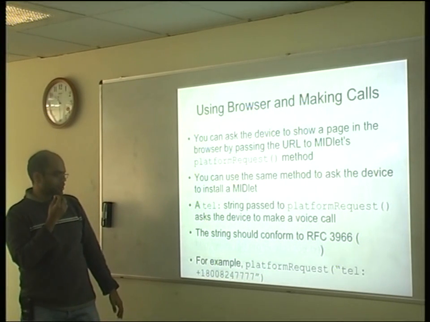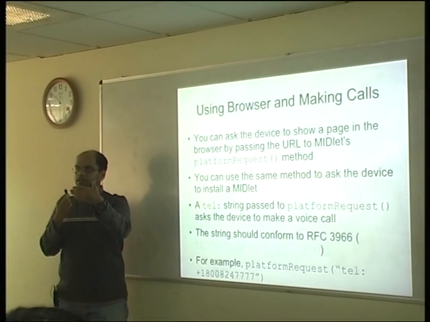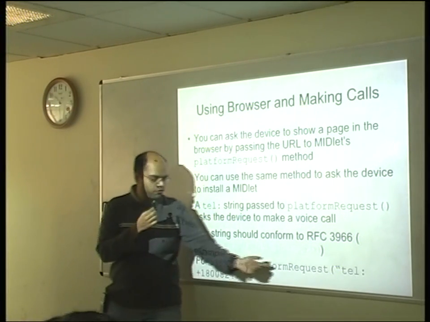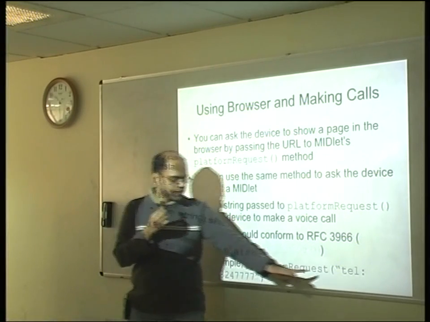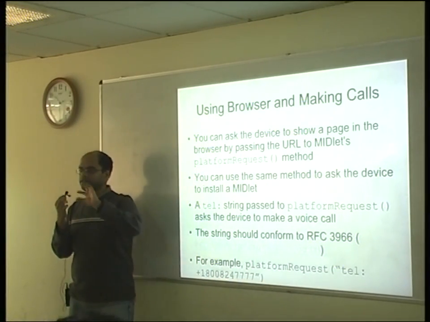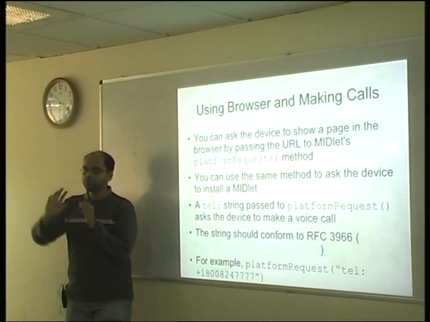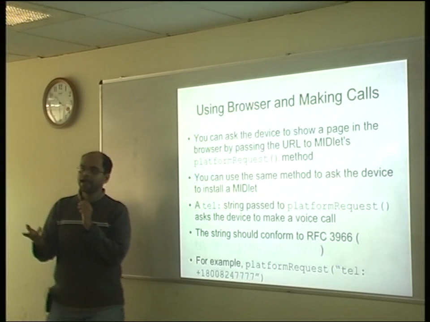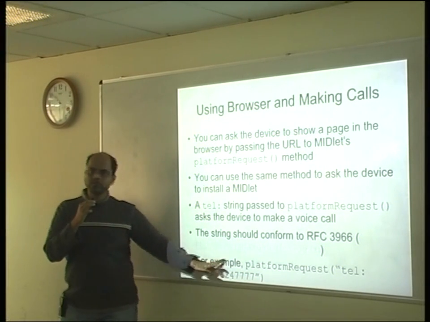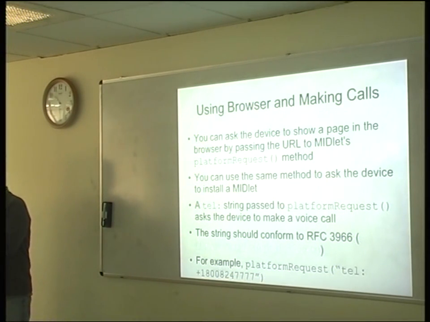For example, if in this email there is a telephone number, you can just say platformRequest, then put tel: and the number here, and the phone call will be made. So now programmatically you can dial a number. These are the simple things you can do, using the functions built inside the phone.